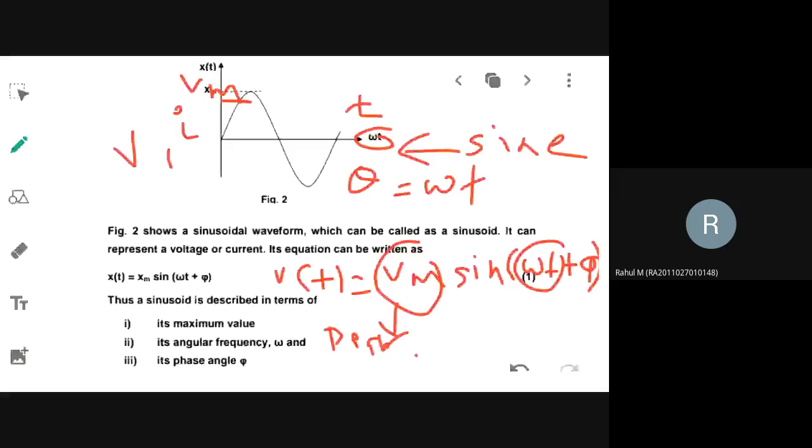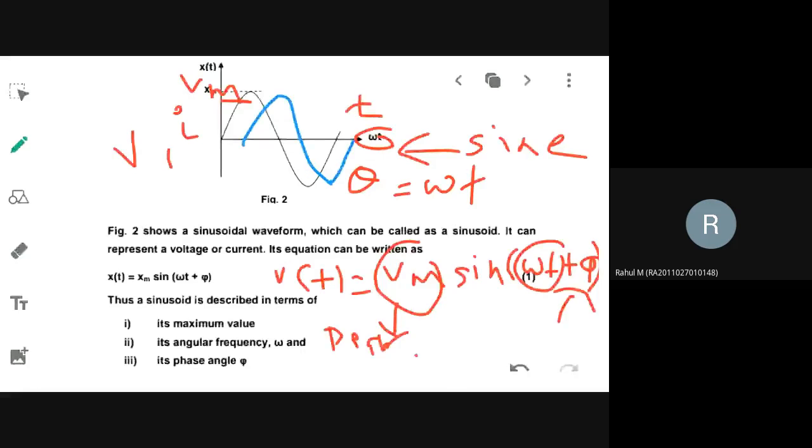So this is the phase angle. Then there is some particular phase difference between these two. This phase difference is represented by phi. So this is how you will mathematically represent any sinusoidal quantity.